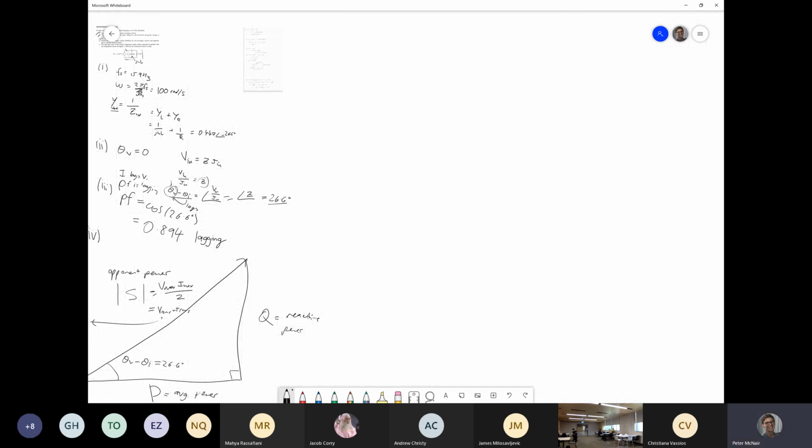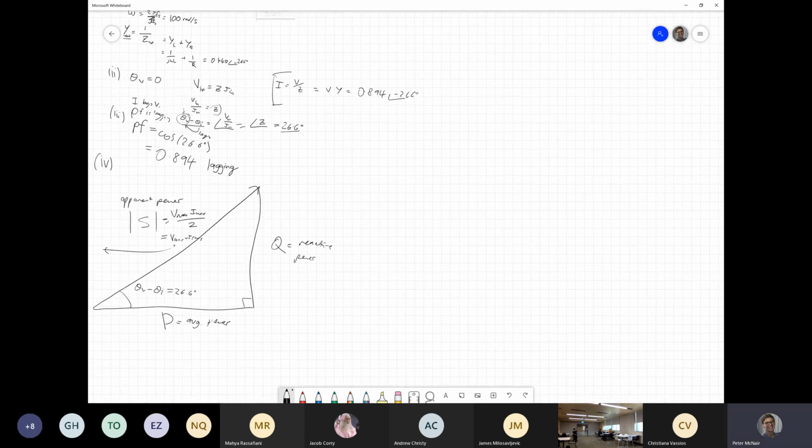But let's say that I is equal to V on Z, which is V times Y, which is essentially this doubled. So 2 times 0.894 angle minus 26.6. So now we can fill this out.